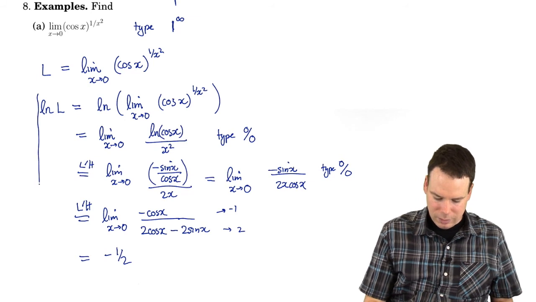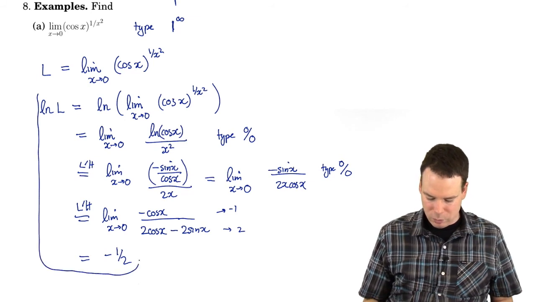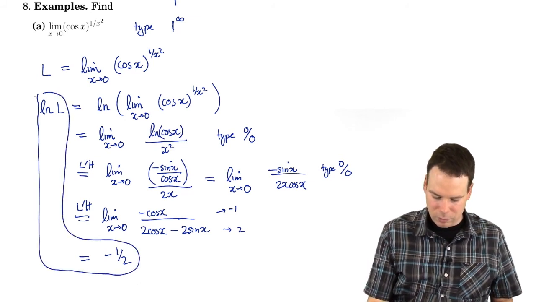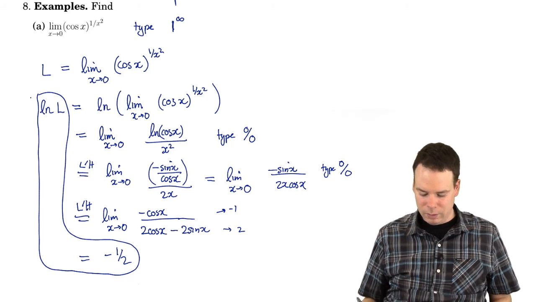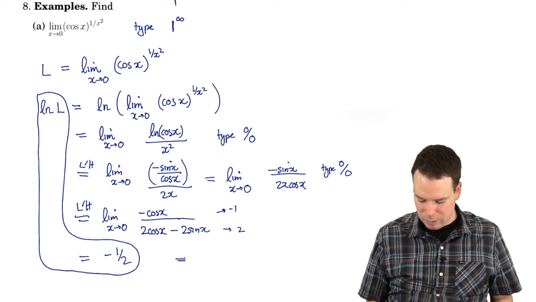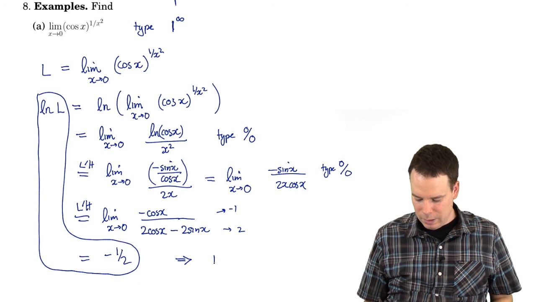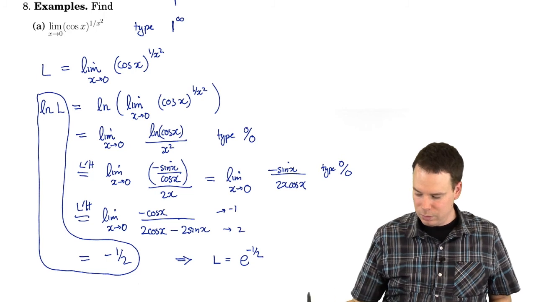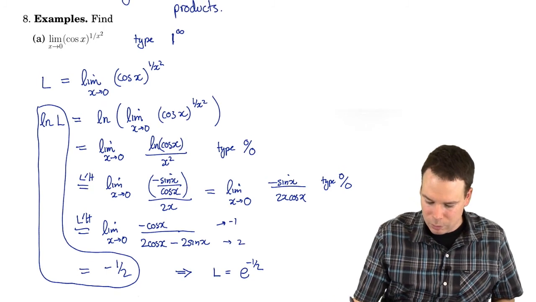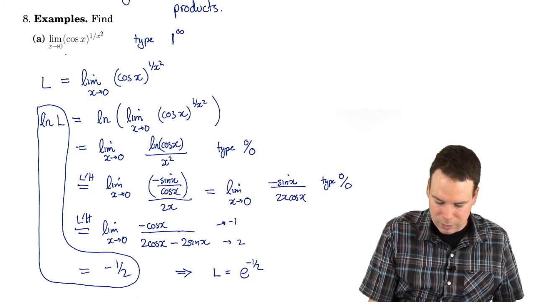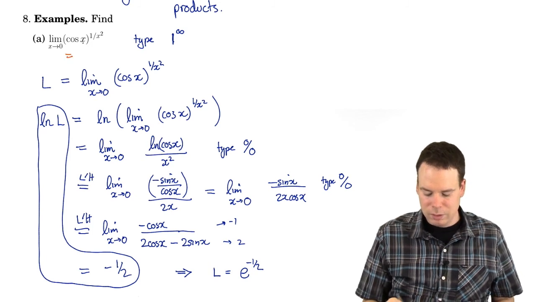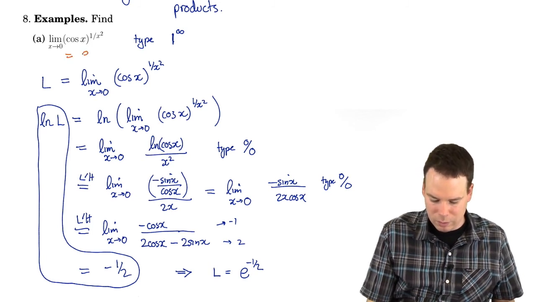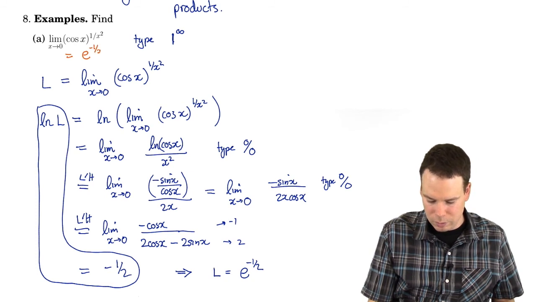Notice that it's ln of L that we've just worked out, the value of, sorry, not the limit, the value of ln of L. And so that means that L is equal to e to the negative 1/2. And so there's the value of our limit. We have that the value of this limit here, the limit of cos x to the power of 1 over x squared, is e to the negative 1 over 2.